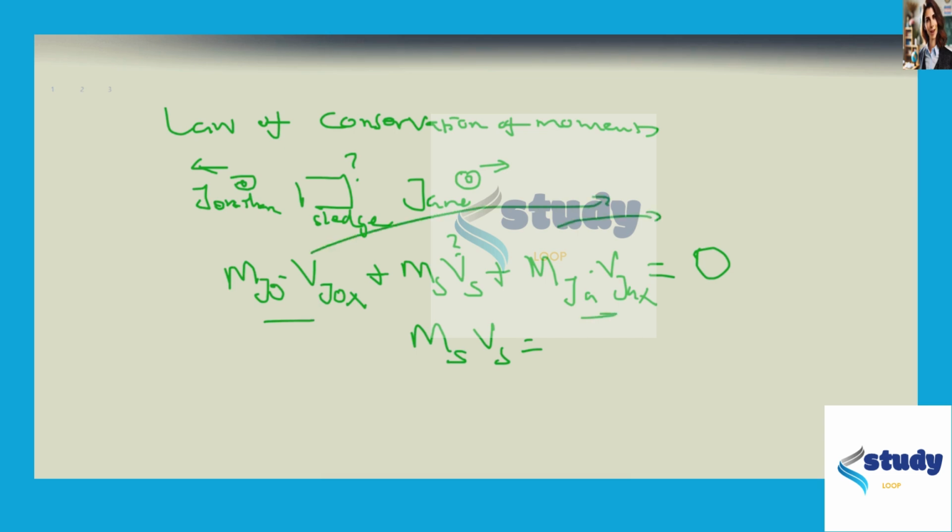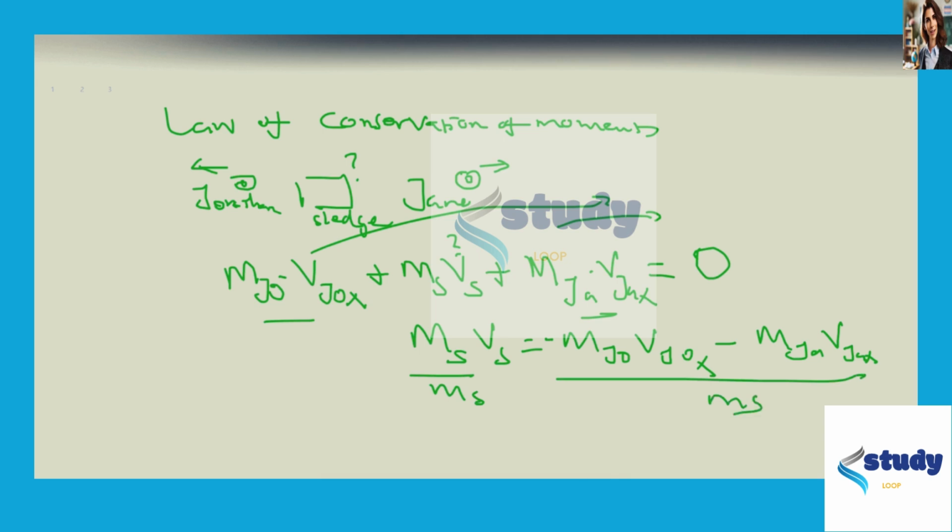So mass of the sledge times velocity of the sledge equals negative mass of Jonathan times velocity of Jonathan in the x, minus mass of Jane times velocity of Jane in the x. Then we divide by the mass of the sledge on both sides.